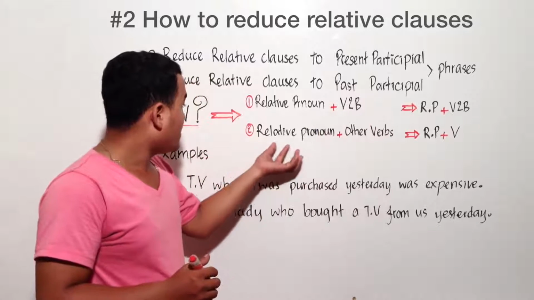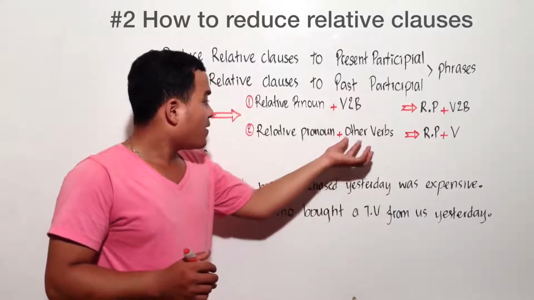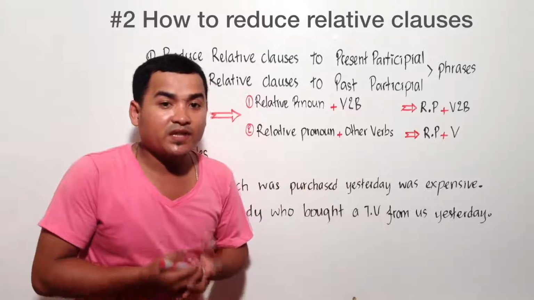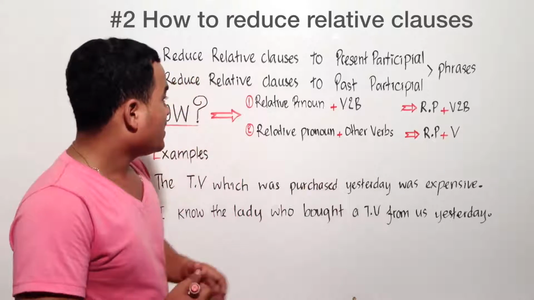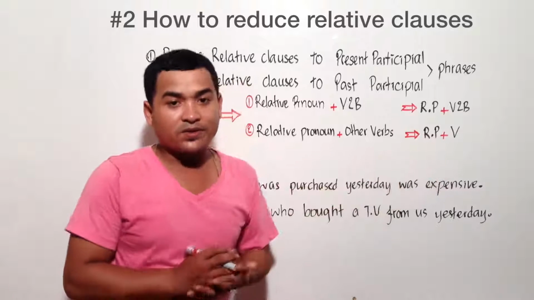And the second one is when the relative pronoun is followed by other verbs that are not the verb to be, and you have another way to do it.